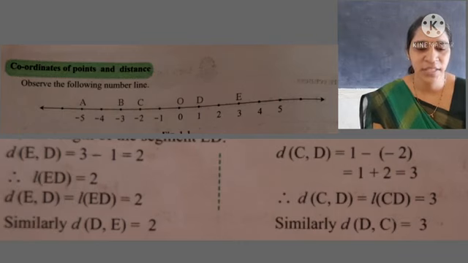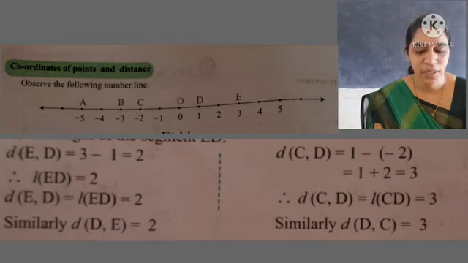Here again you see this number line. On this number line we have to find the distance between any 2 points. See, I want to find the distance between point E and D. What is the coordinate of point E? 3, and the coordinate of point D is 1.